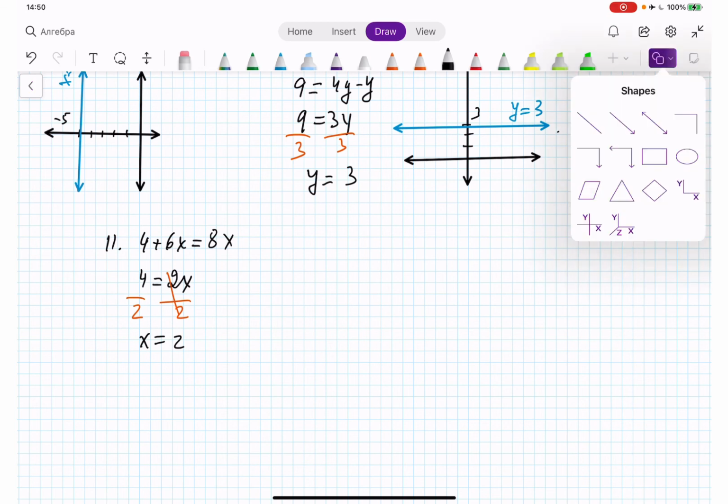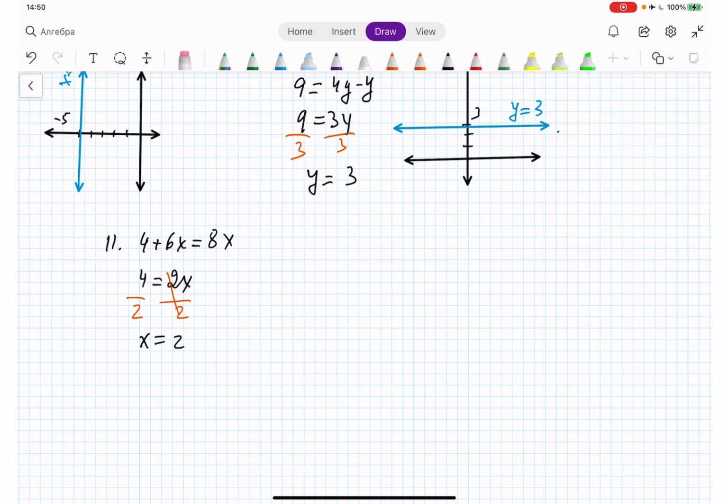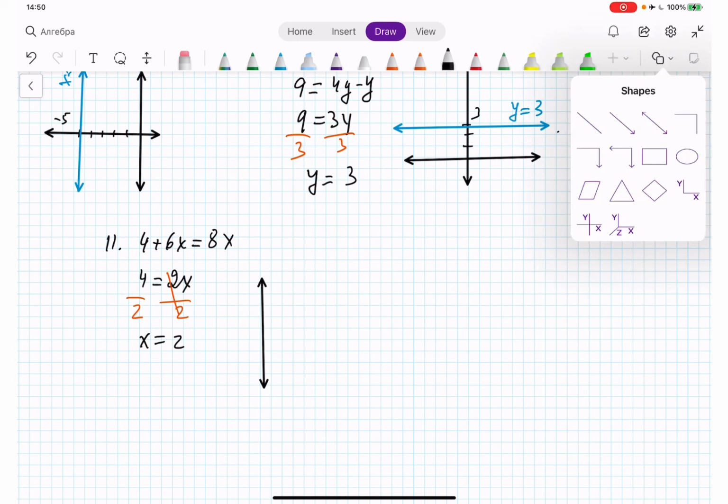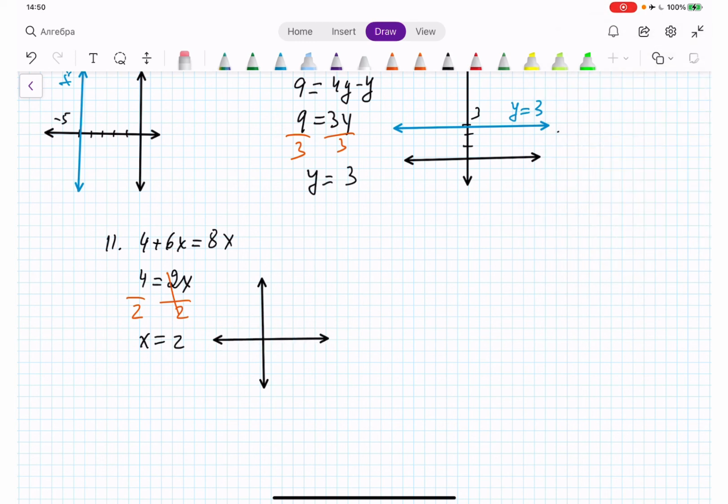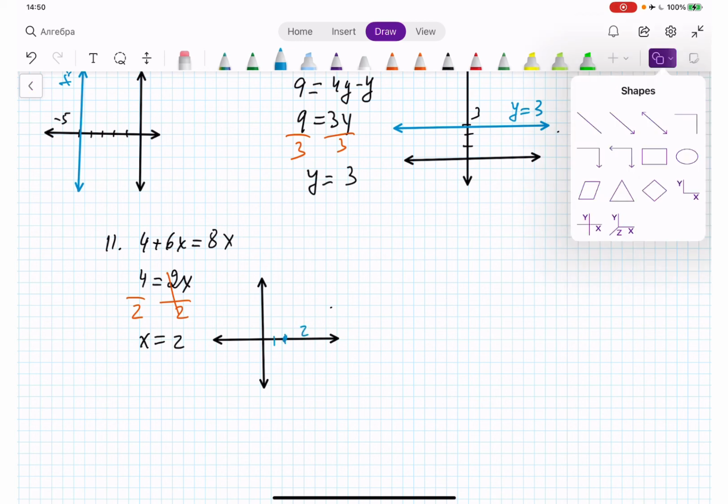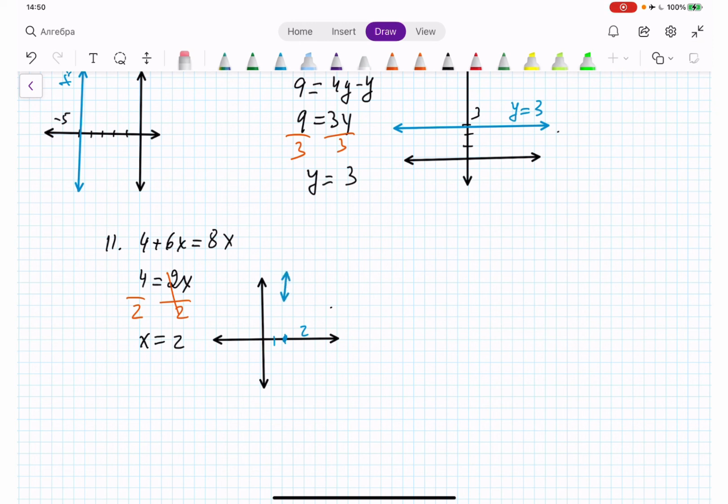Okay, let's build the graph. So x is equal to 1 and 2. So the graph is going to go through the point 2.